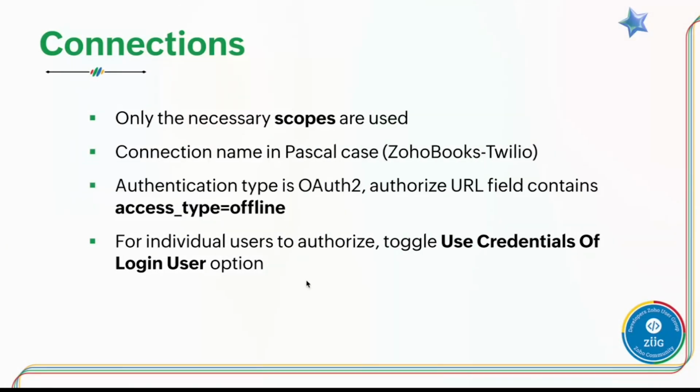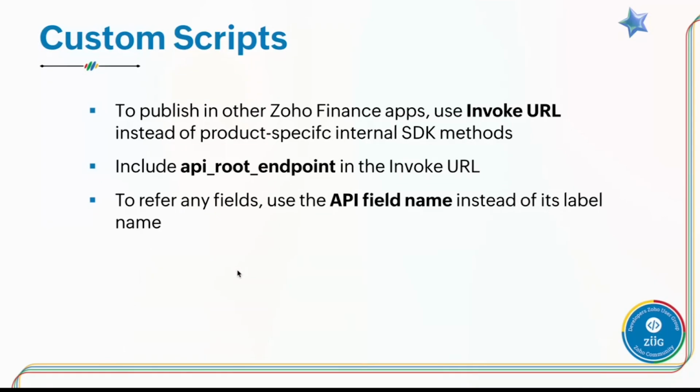I'll move on to the next component, which is custom scripts. In our previous sessions, we have demonstrated that we will be provided with a Deluge script in the Zoho Books developer platform to create the customizations required for our extension.